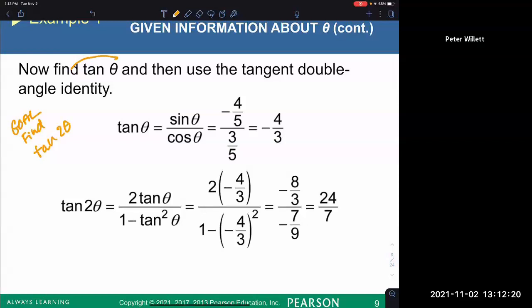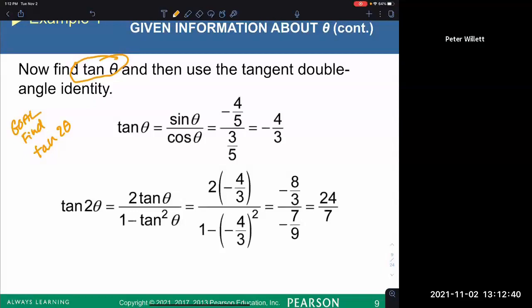So what they say is now find tangent theta and then use the tangent double angle identity. So let's just see how that worked out. That seems silly, but nonetheless, it should still get the right answer in a much longer path.